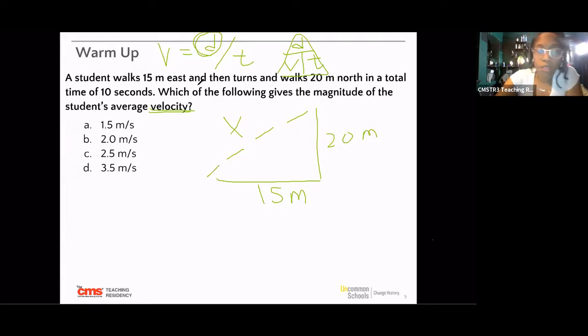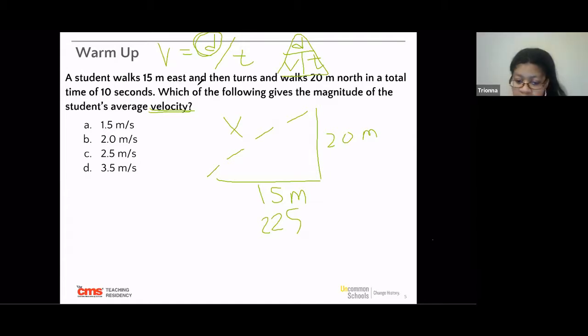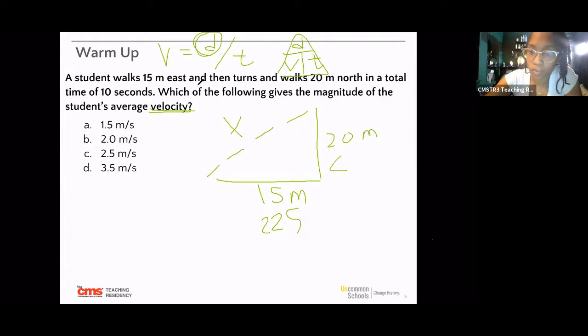So if you do it that way, the Pythagorean theorem is a squared plus b squared is equal to c squared, right? So that means you would have 15 squared, which is 225, I think. Let's make sure. Let me grab my calculator, but I'm pretty sure. Yeah, 15 squared is 225, and then 20 squared is 400, right?